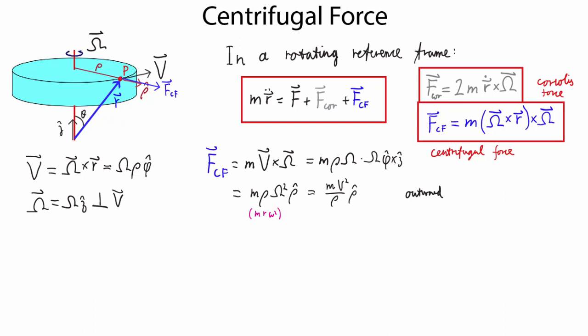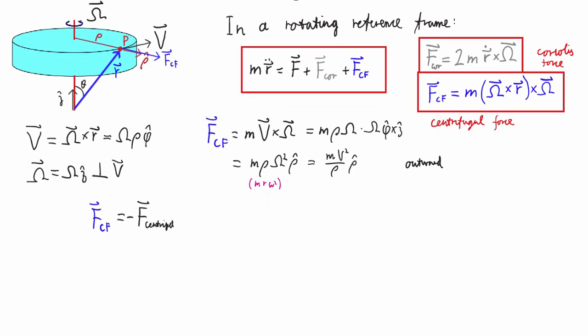We can see, in fact, that the centrifugal force is minus the centripetal force. So F centrifugal equals minus F centripetal. That is not so strange if you think about it.